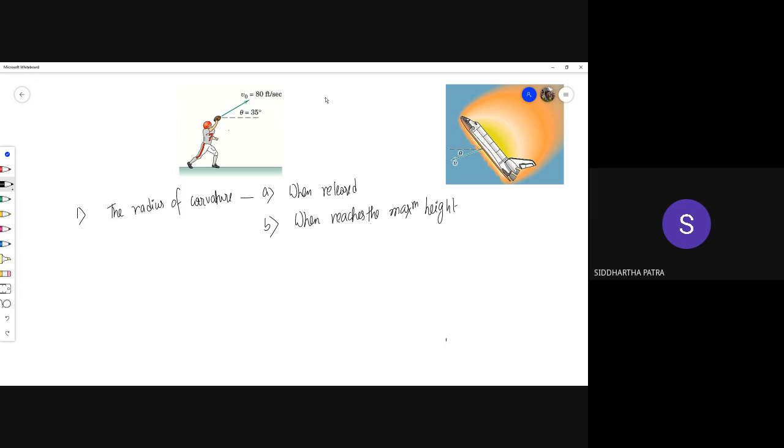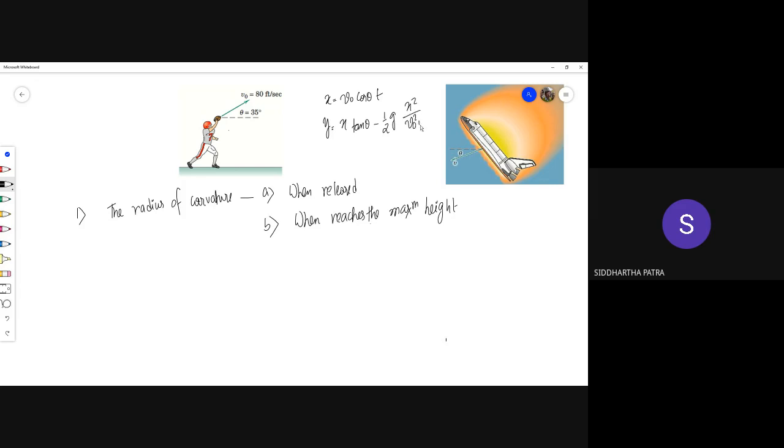So basically, x is v0 cos theta times t, and y is basically x times tan theta.